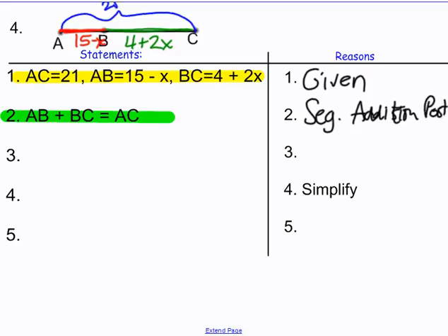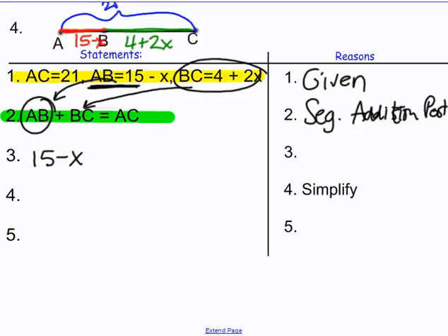Okay, so then what do I do? Well, I'm going to think of how I can solve this. I'm going to take AB from up here and put it in for AB here. So I'm going to substitute AB for the other AB. So I'm going to write that down. That would be 15 minus x. Then I'm going to take BC and plug it in for BC here.